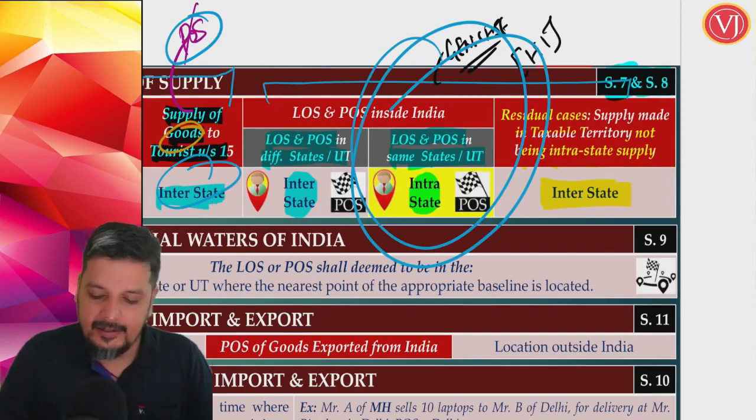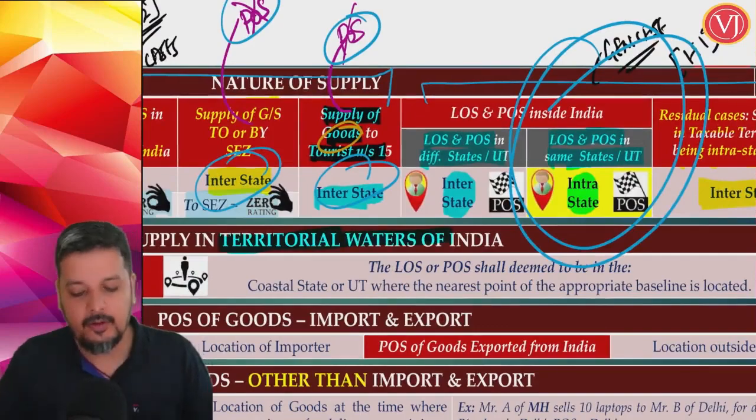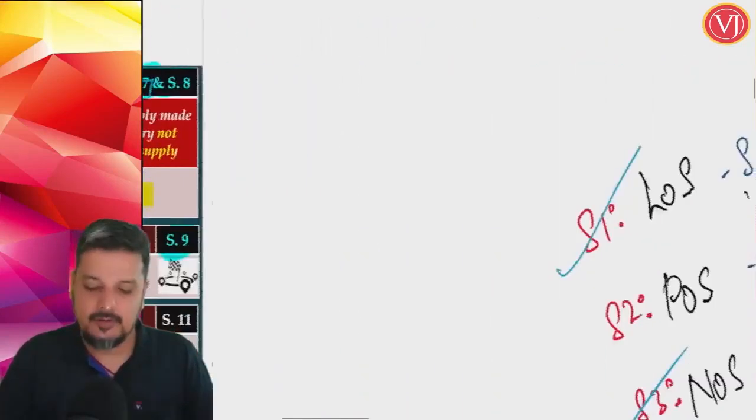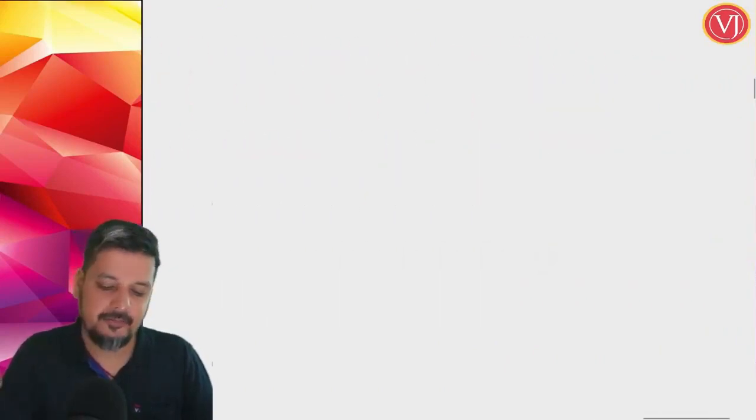And section 9 is an utter time pass section. It talks about what if your LOS or POS is in territorial waters of India. I'll explain this with a very simple example, and by default you'll have an answer.